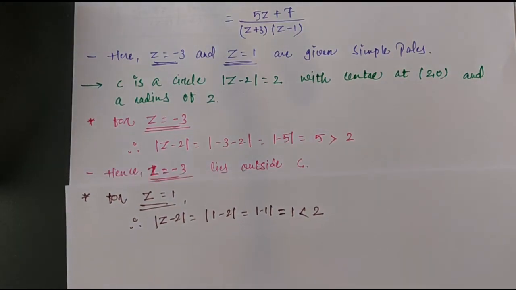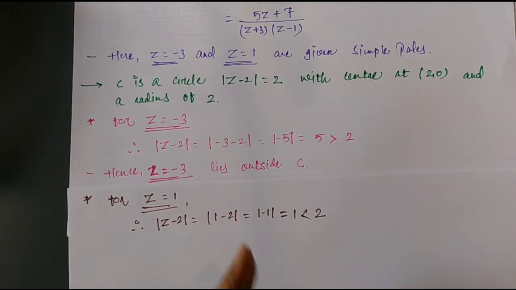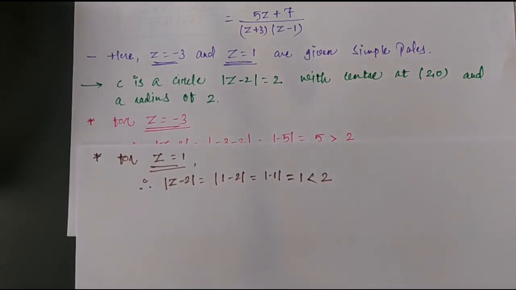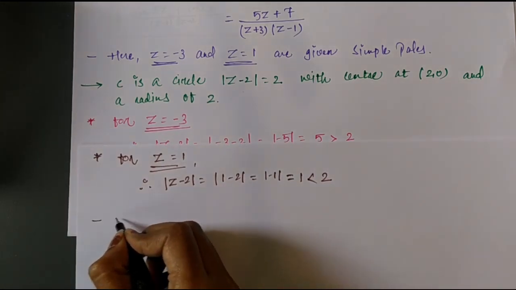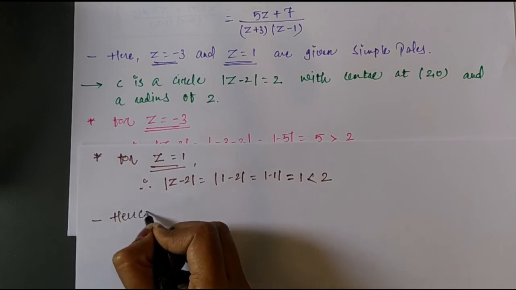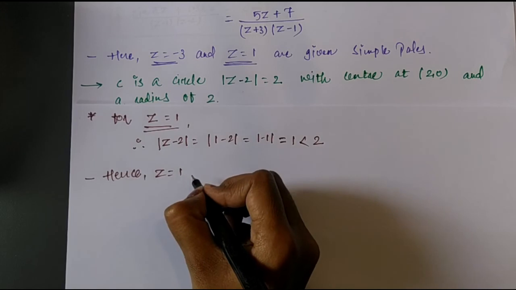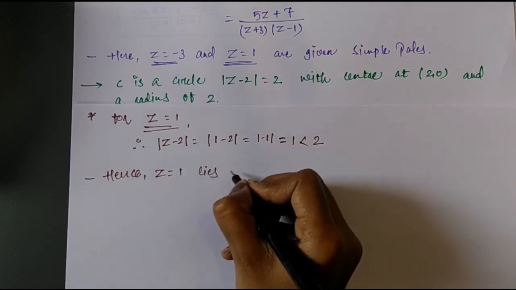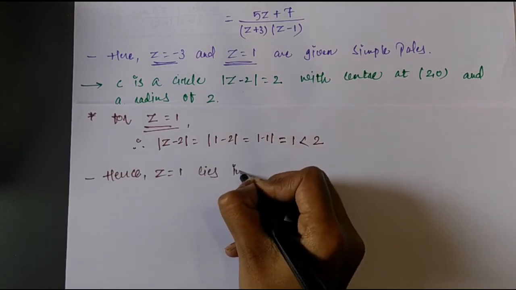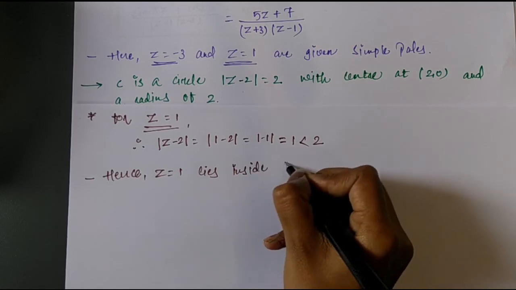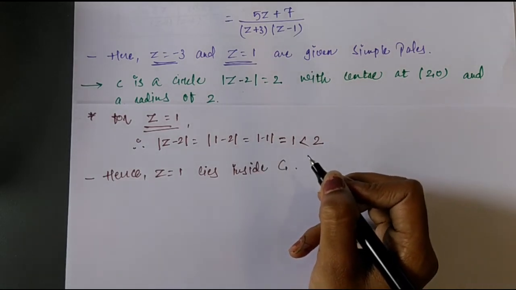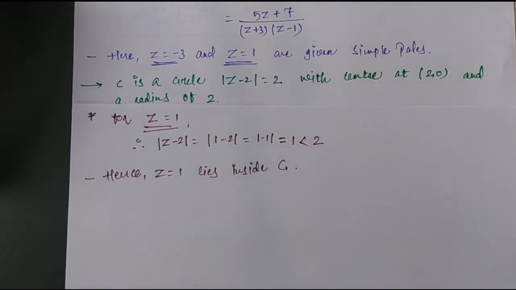Okay, so this point is inside the radius. So we can write here: hence z equals 1 lies inside the C.